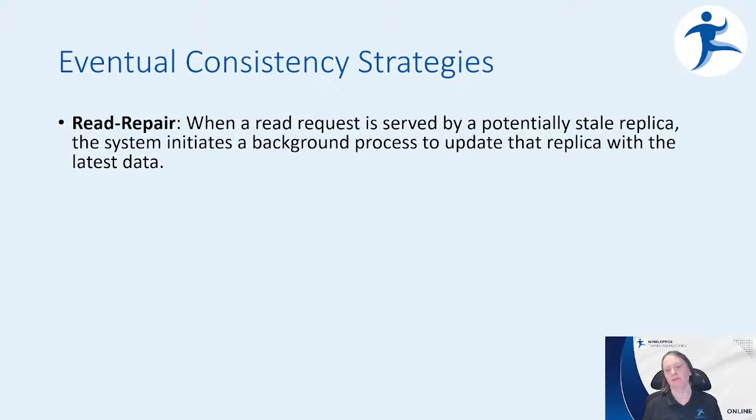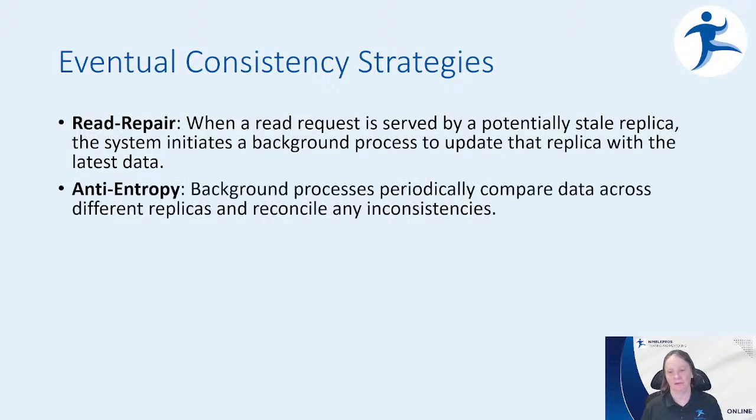We talk about things like read repair. So you might get potentially stale data. If you get potentially stale data, then it will update the replica with the latest data. You'll hear something called anti-entropy, and we're going to see a flowchart on the next slide where you're going to see these terms in action. Anti-entropy is where background processes compare data across the replicas and do the reconciliation.